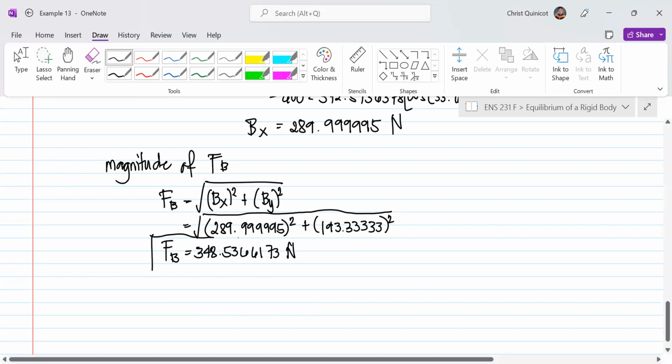And this is our magnitude of the reaction F sub B.